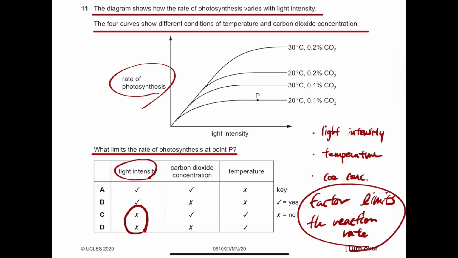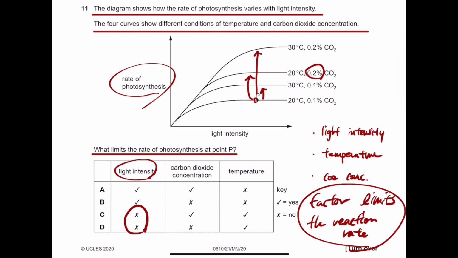So if you change the temperature to 30 degrees Celsius, you can see the rate of photosynthesis gets increased. You can also see that by increasing the concentration of carbon dioxide, the rate of photosynthesis gets increased. If you change both temperature and concentration, increasing them, the rate of photosynthesis increases again.